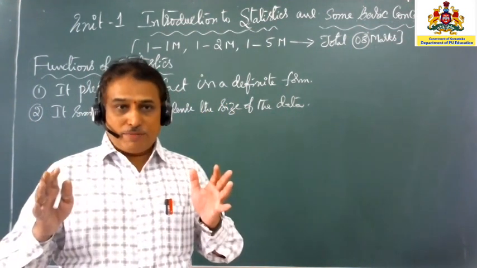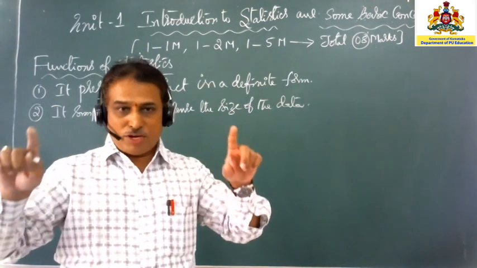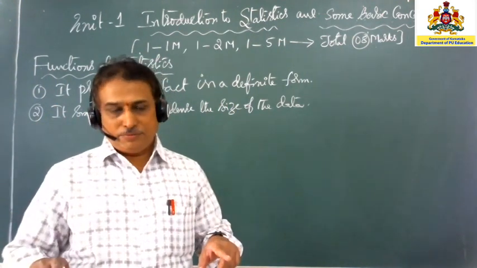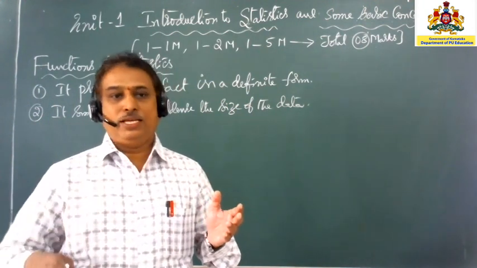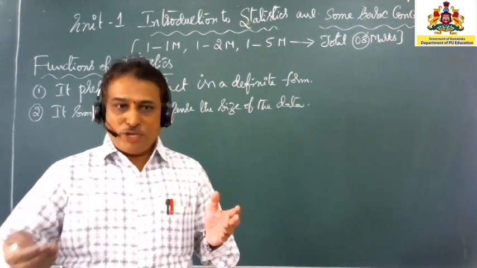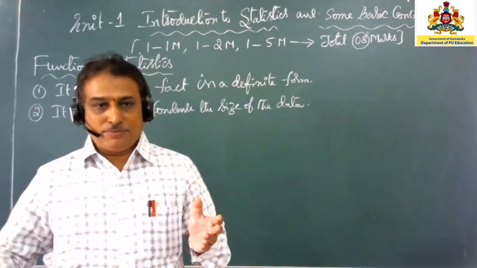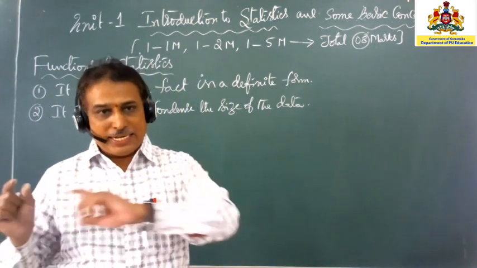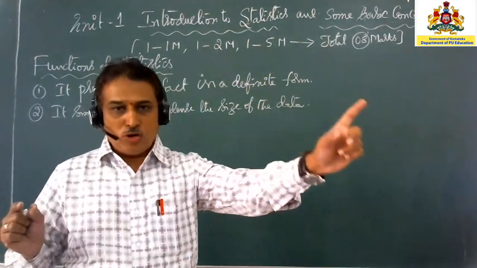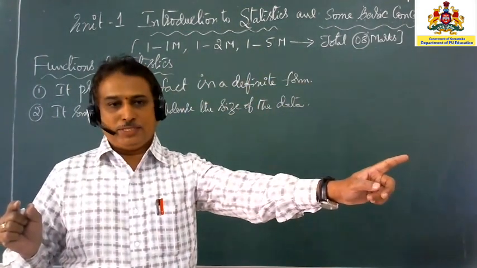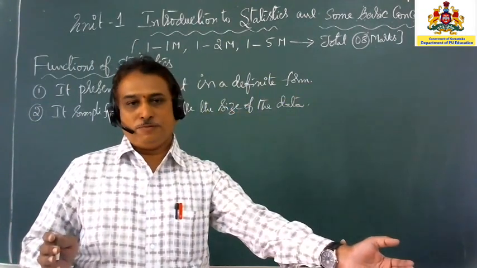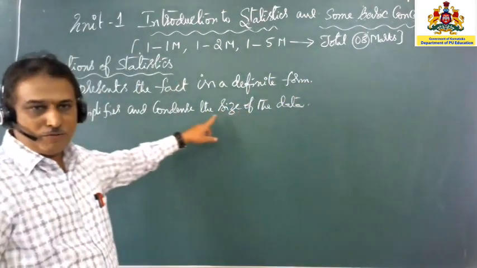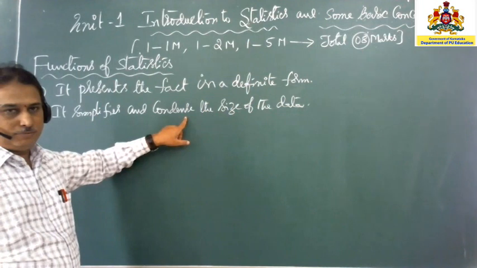The whole data we have to represent in tabular form. Afterwards, we apply the average formula and we get the answer. That single answer represents the whole data. That means the whole data we can reduce into a simple value. That is the second duty of statistics.